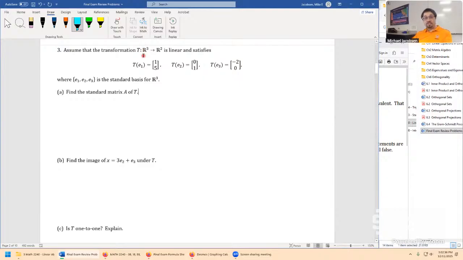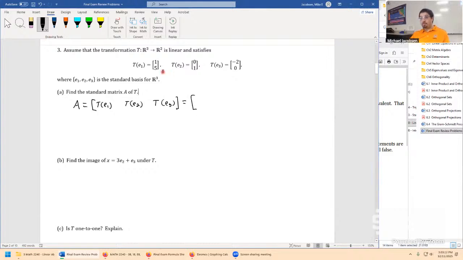The only thing I know about the transformation T is how it maps e1, e2, e3. But that's a basis for R^3. That's the standard ordered basis. These are just columns of the 3x3 identity matrix. And so there's a theorem all the way back in section 1.9 that tells us the standard matrix A of T is formed by just taking the mapping applied to the standard ordered basis vectors, T(e1), T(e2), T(e3). It's a really fast way to solve this one.